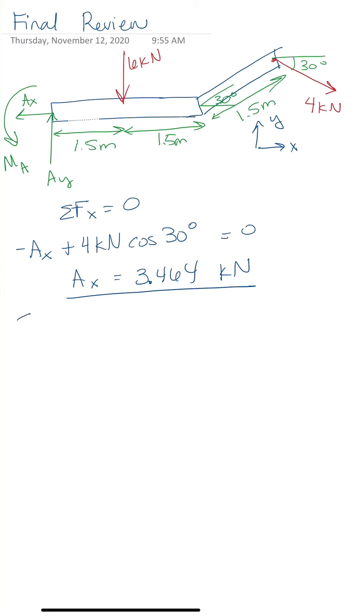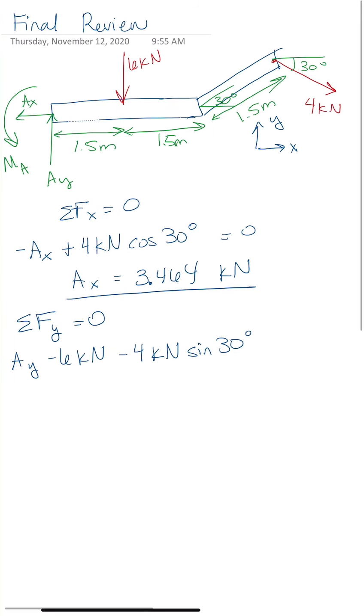We can sum the forces in the y direction. So we get AY minus 6 kilonewtons minus 4 kilonewtons sine of 30 degrees equals 0. And so we get AY equals 8 kilonewtons.